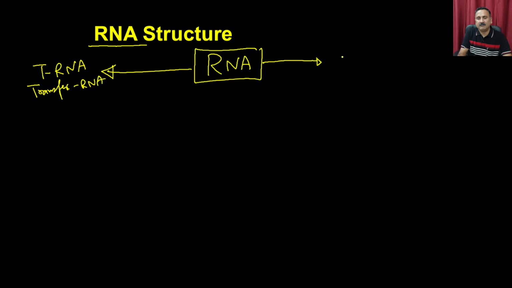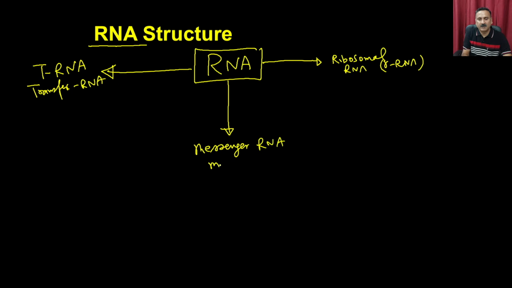Then we also have the ribosomal RNA, or it's called rRNA. And we also have the messenger RNA, or it is called mRNA.